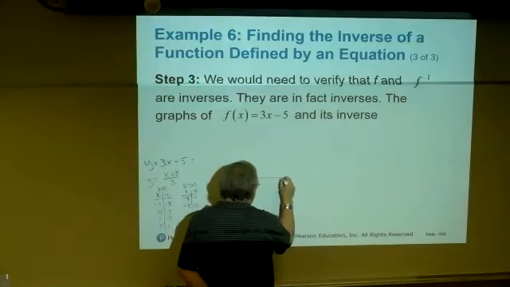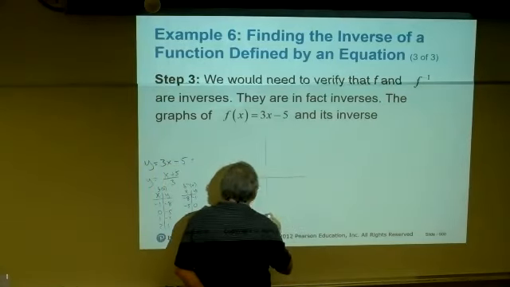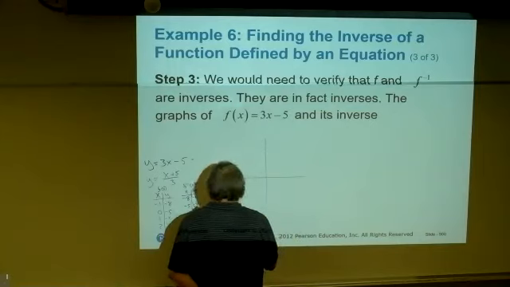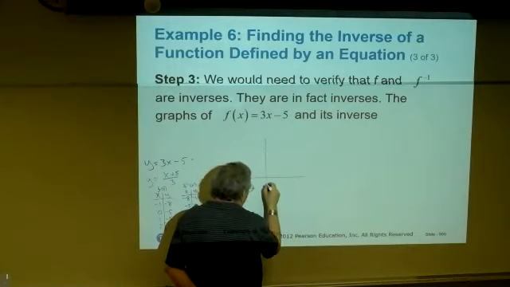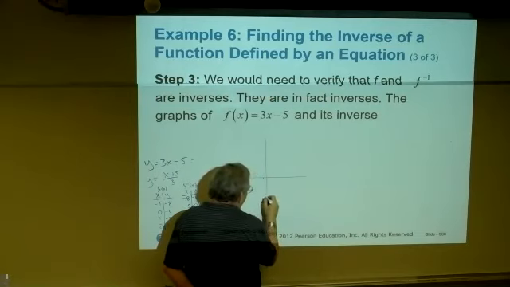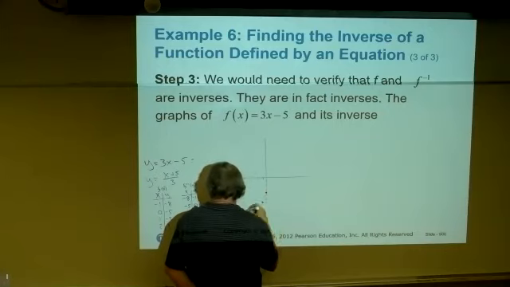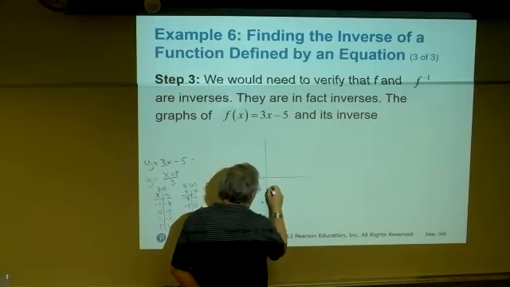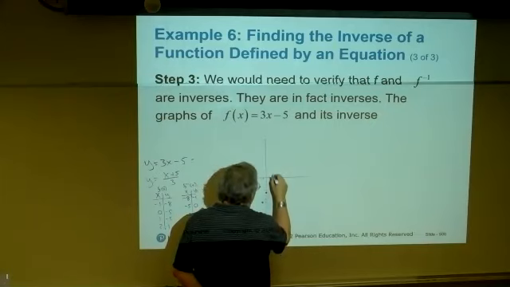And then to graph these, we graph those points: -1, -8 down here, and then 0, -5, and then 1, -2, and then 2, it's at 1.